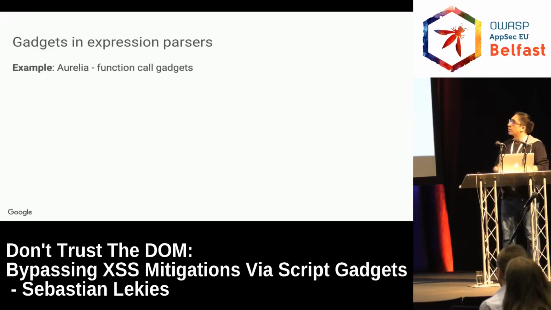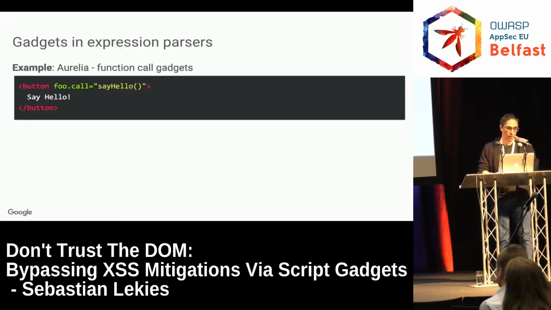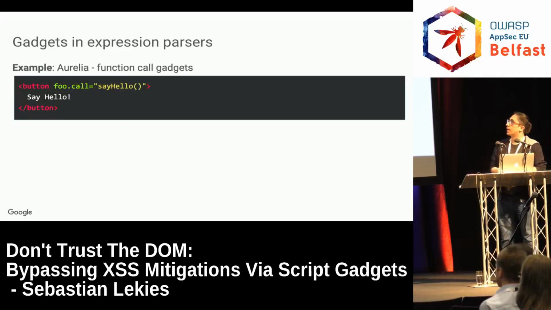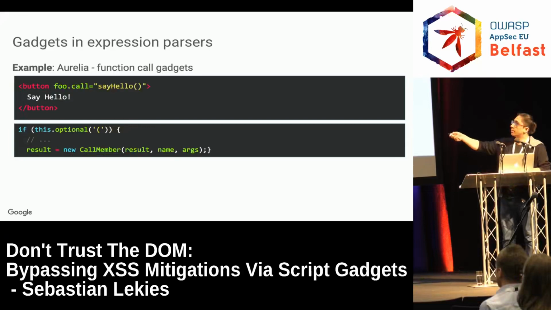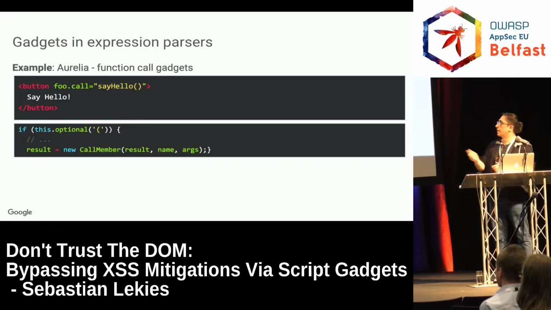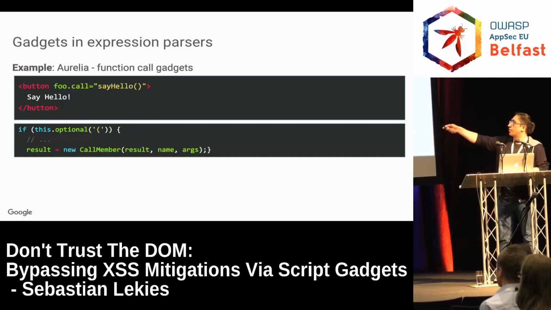They also have a function-calling gadget in this particular framework. So, for example, you can call a say hello function, which is part of the legitimate Aurelia application code, right? This is not something that we actually inject. And this function does something. It doesn't really matter here. What matters is when Aurelia tries to parse this, it encounters these open parentheses, and then it creates a call member object, passing the function name and potential arguments being extracted from here, and so on and so forth.